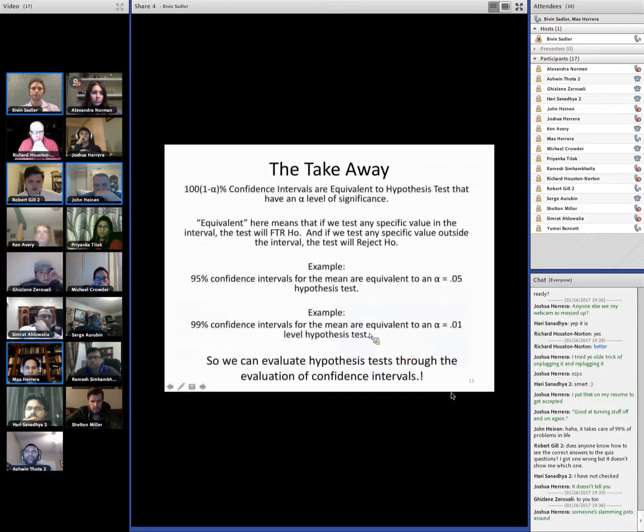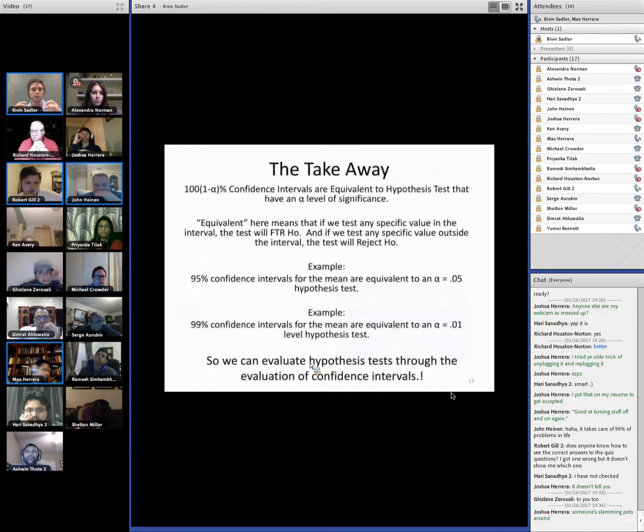The whole point here is so that we can understand those plots in the book. That's what I want to really underline, and that's why I spent so much time on it. If a corresponding confidence interval does not contain mu, we know the test would have rejected. And if a confidence interval does contain mu, then we know that test would have failed to reject.